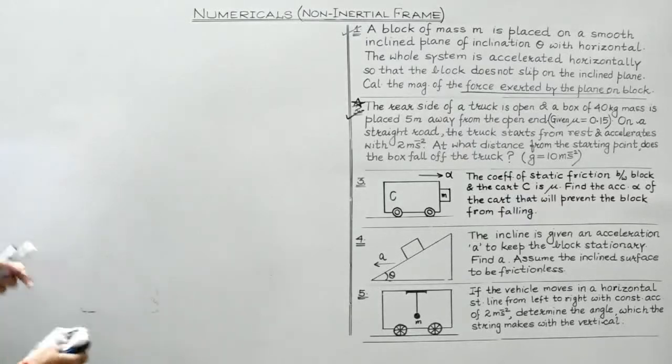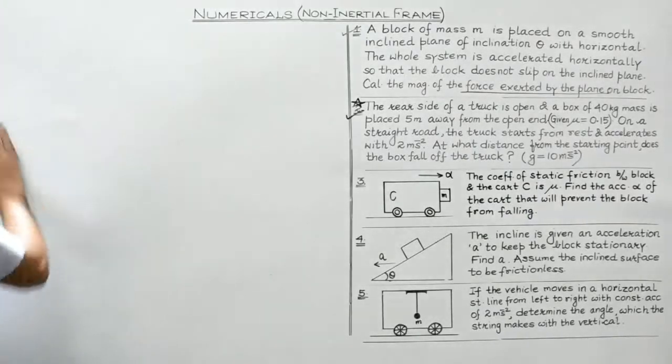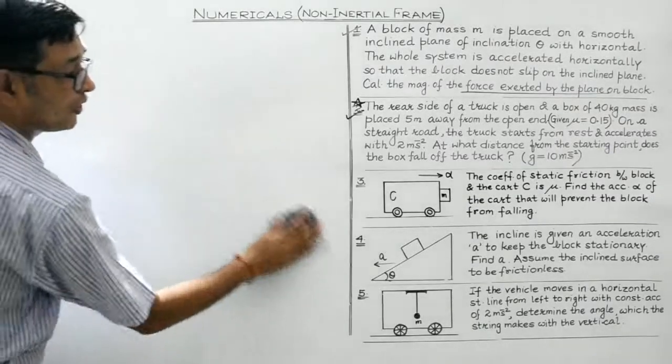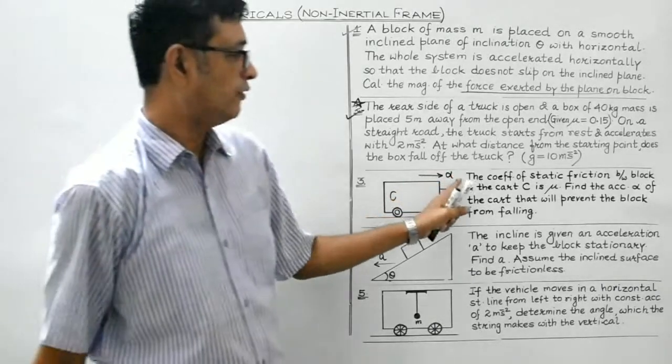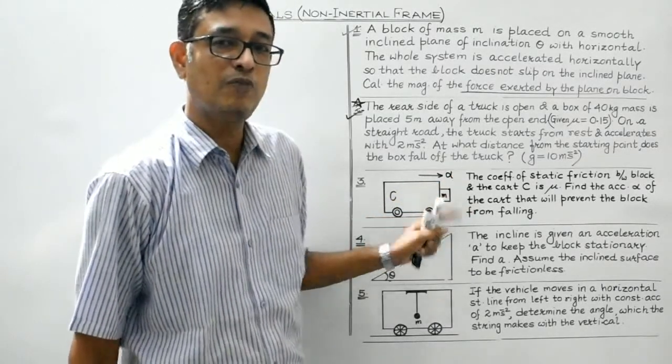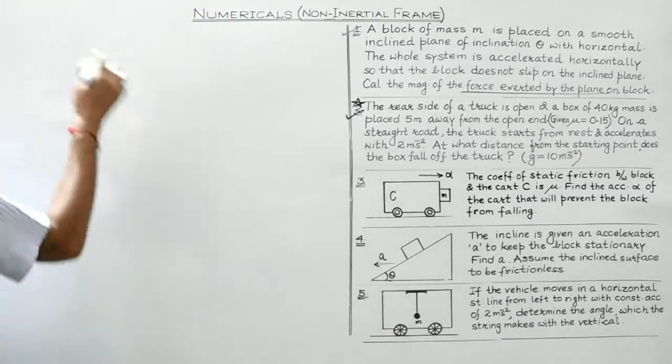We are supposed to find out the acceleration alpha of the cart that will prevent the block from falling. We are supposed to find out the condition. So we are supposed to find out the expression for alpha so that the block of mass small m doesn't fall. Right? So this is again a very, very good question.